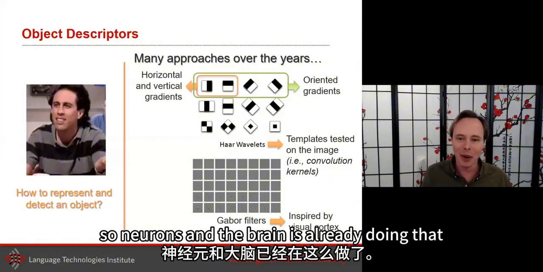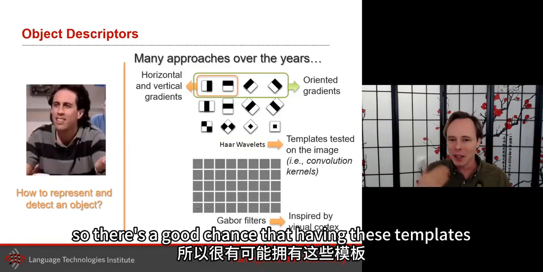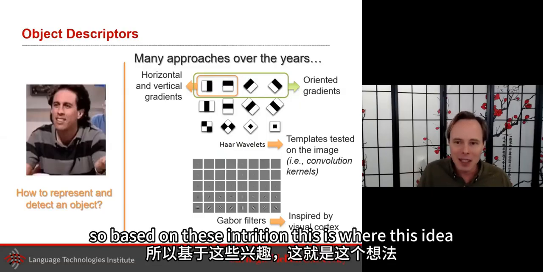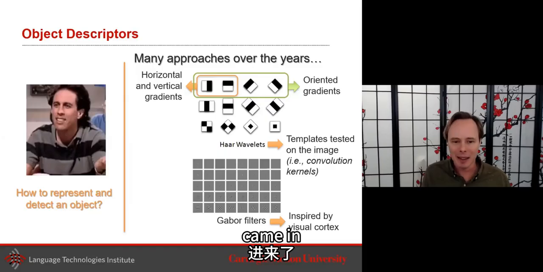So neurons in the brain are already doing that. So our intuition is, if we like the brain and we like neural networks, there's a good chance that having these templates could be quite useful in representing images.